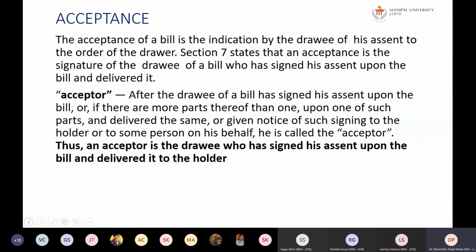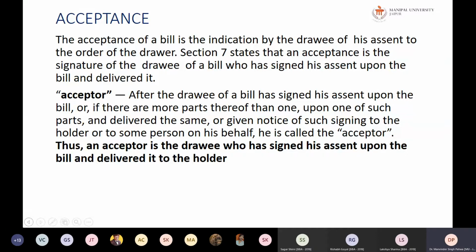So who is an acceptor? After the drawee of a bill has signed his assent upon the bill, or if there are more parts of the bill, then every part is to be signed, and he delivers it or gives notice of that signing to the holder or to some person on behalf of the holder, then he will be called an acceptor.